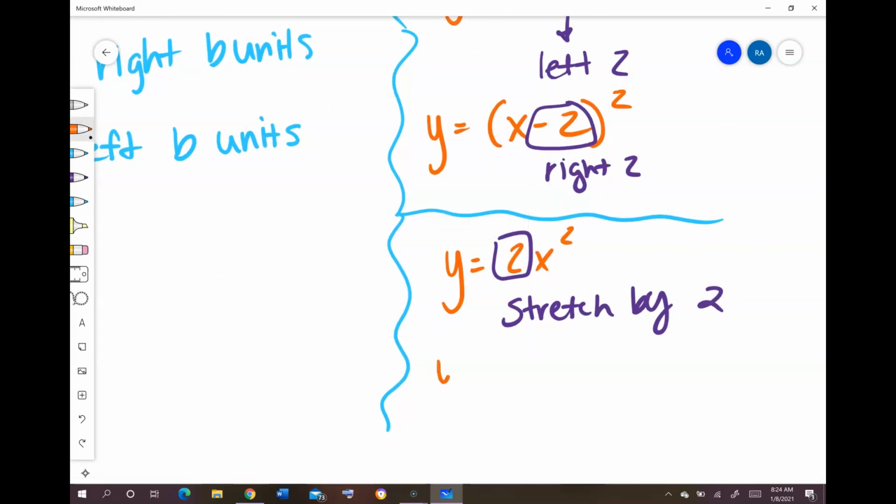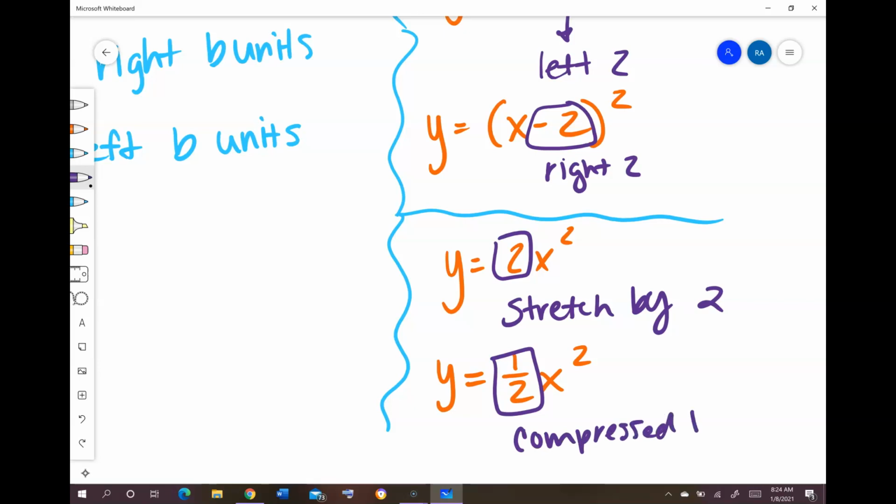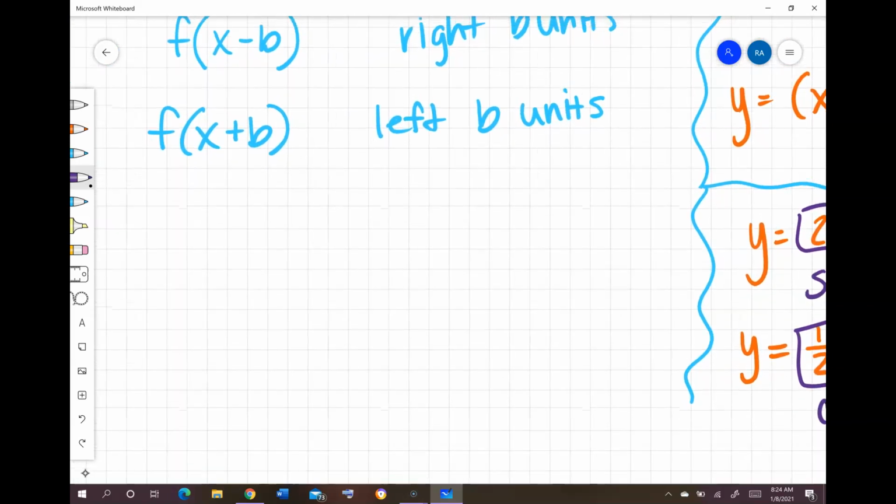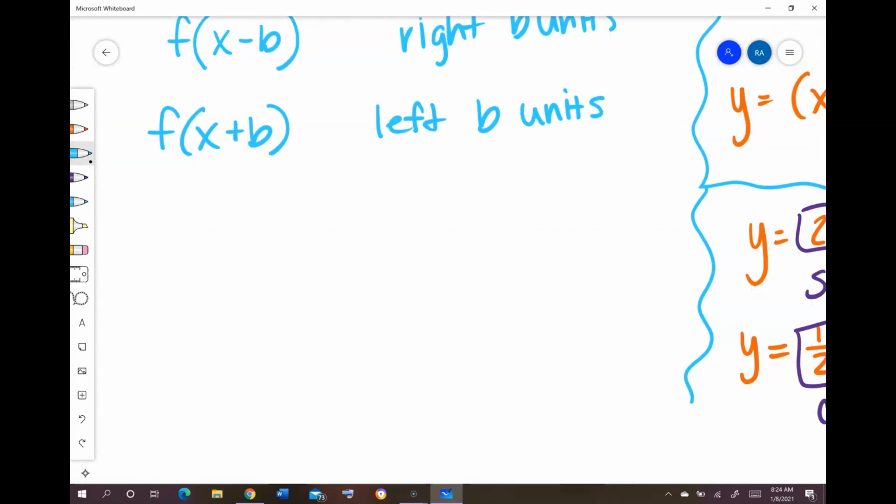If you have a number that is greater than 0 but less than 1, those are your fractions and your decimals. So if I cut something in half, I'm making it smaller. So this 1/2 means it's compressed by 2. Okay? So this rule is going to be written a little different, okay? It's really just one rule. So if you have b times f of x, we're just going to have b.